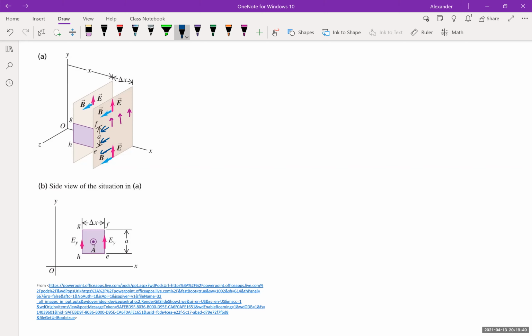Suppose we consider the purple indicated square. This one.